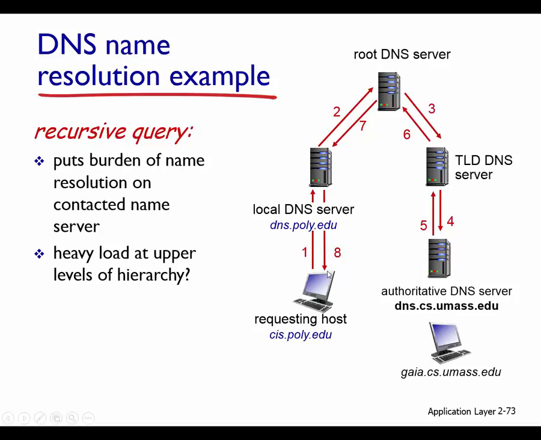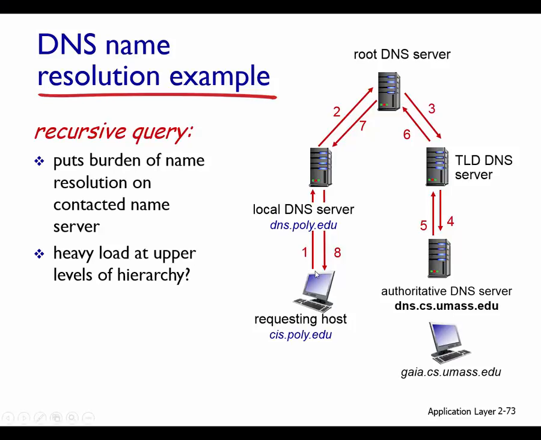So basically the burden shifts of where the communication occurs. In the iterative case, our local DNS has to do a lot of work. In the case of recursive, all the work is shared amongst all of the DNSs in the path.